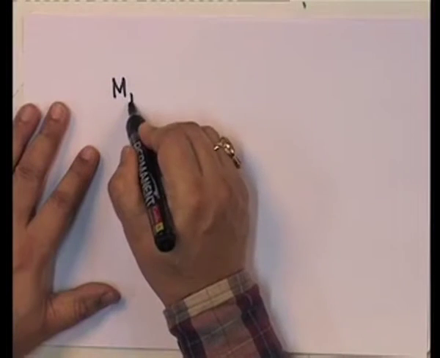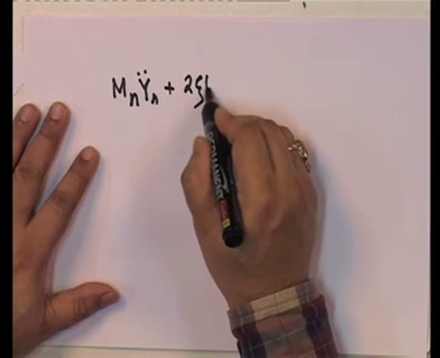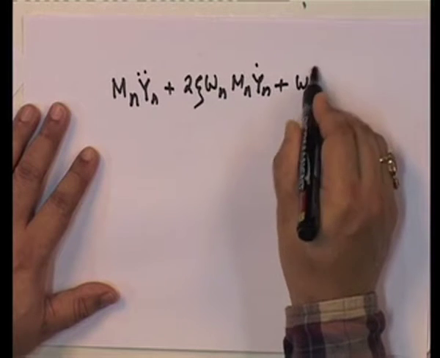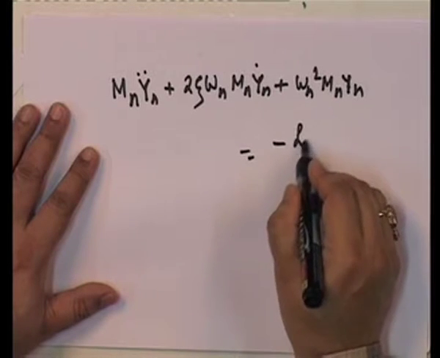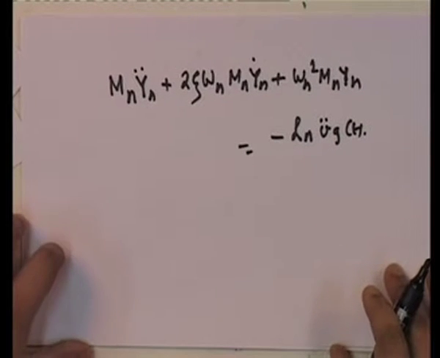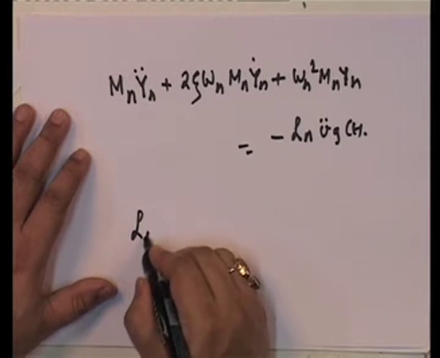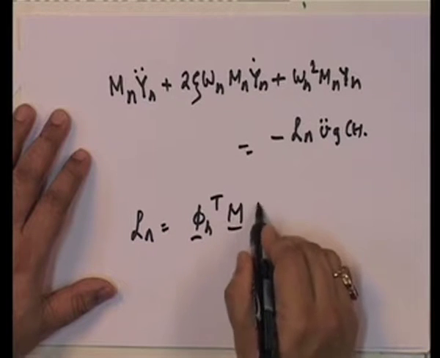So, if you look at it, then the equation at the nth level becomes what? 2 xi n omega n m n y n dot plus omega n squared y n is equal to minus Ln into V g dot. This is what we get, where Ln is equal to phi n transpose m into 1.